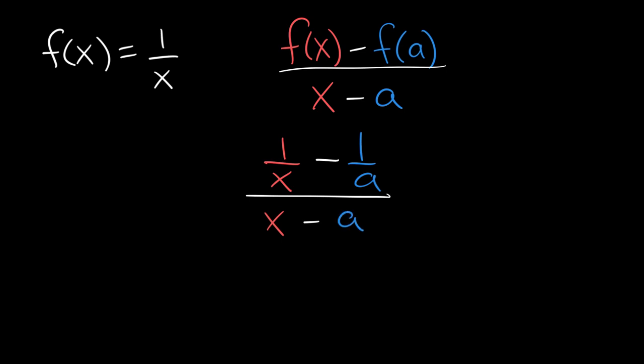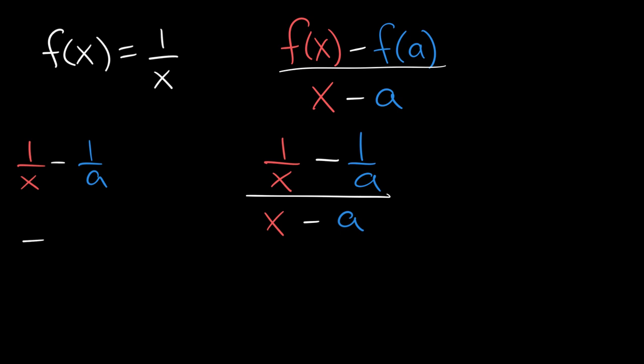So let's look at what we're trying to figure out here. I would probably just try to subtract 1 over x minus 1 over a. So as I have that, let's try 1 over x minus 1 over a. So the common denominator would be xa.